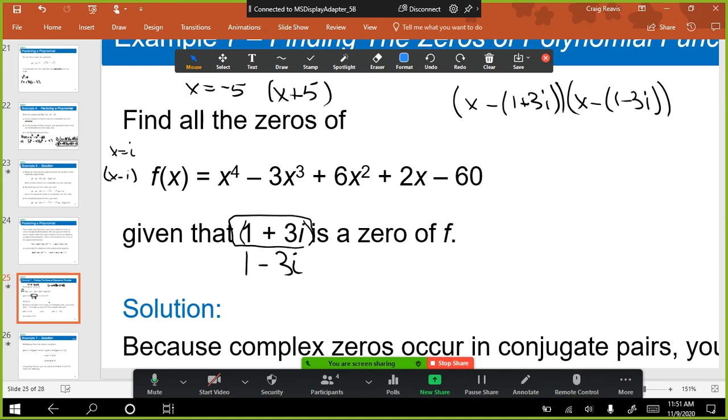Complex numbers just have 2 parts. And this is a positive 1 minus 3i. So it comes from x minus (1 plus 3i), x minus (1 minus 3i). Now, what I'm going to do is multiply that together, all right? And then divide my result out of that polynomial to see what my 2 zeros I have left are.